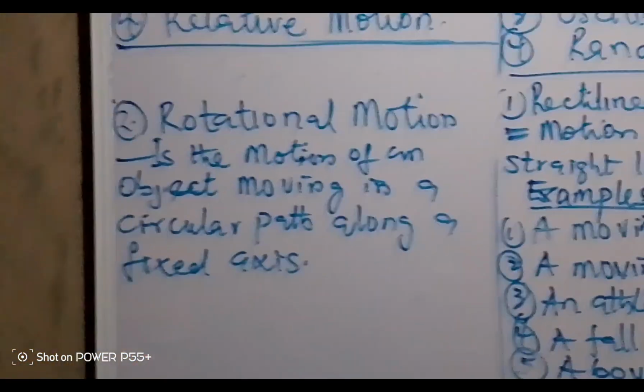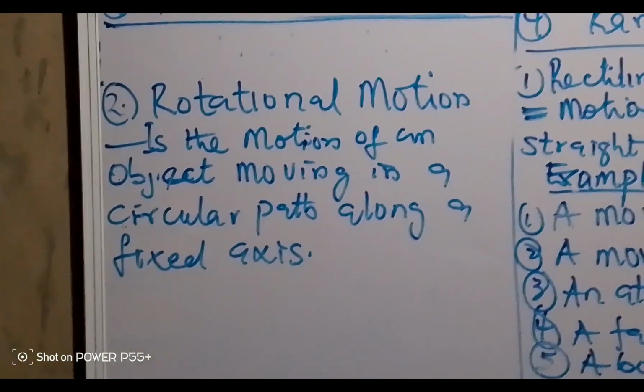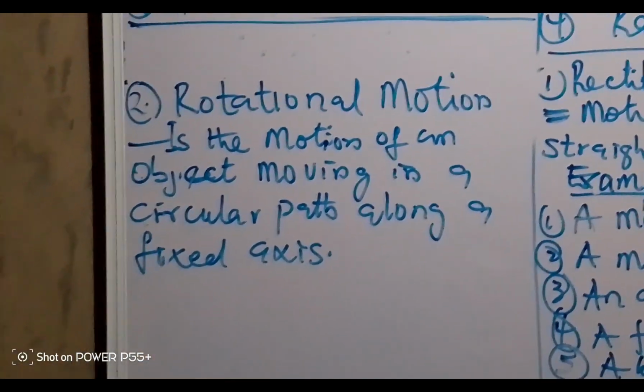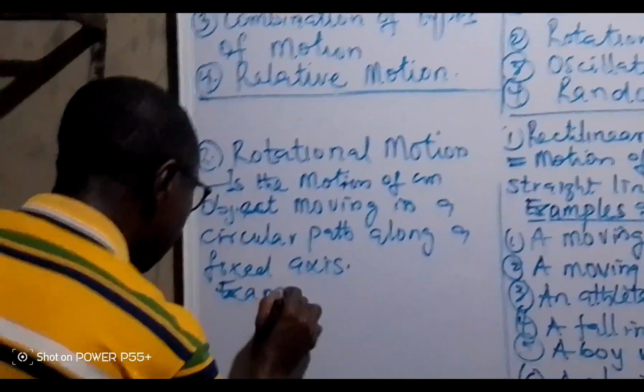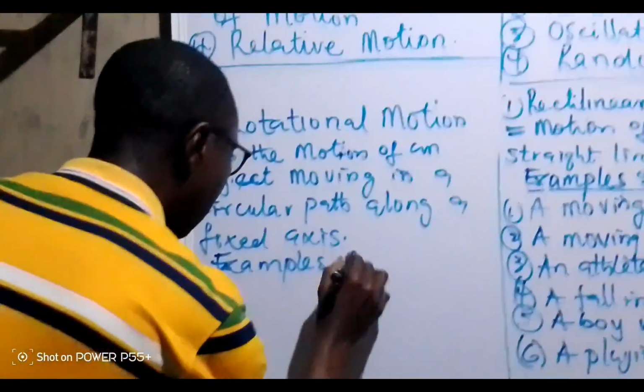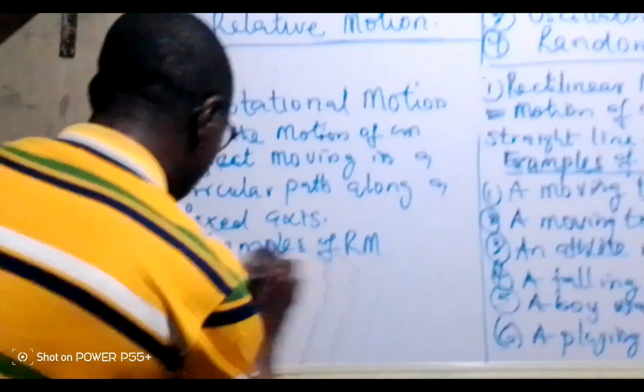That is the motion of an object moving in a circular path along a fixed axis. Examples of rotational motion.